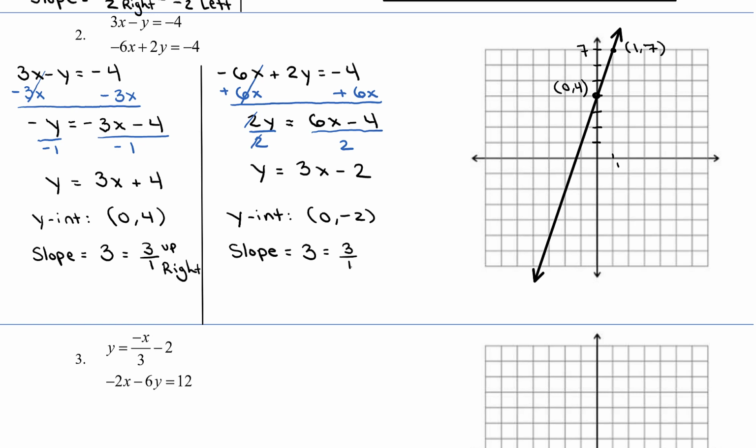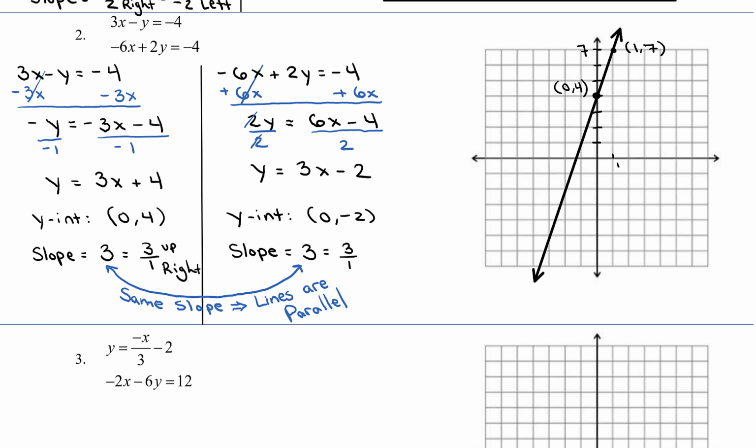And I'm going to rewrite that as 3 over 1, just to remind myself to go up 3 units and to the right 1 unit. I also want to point out at this time how we have the same slope in both of these lines. And since I have the same slope and different y-intercepts, that means that these lines are parallel.